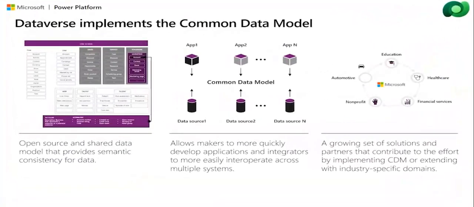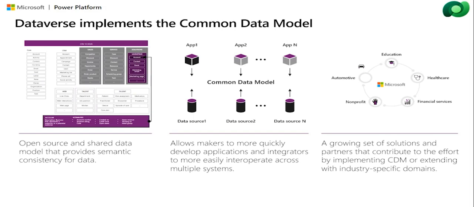Let's explore how the Dataverse implements the common data model. So we have this metadata system, which makes it possible for data and its meaning to be shared across applications and business processes. And we also have a set of standardized extensible data schemas that Microsoft and its partners have published.